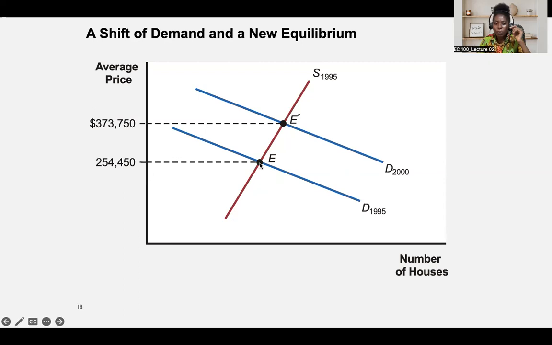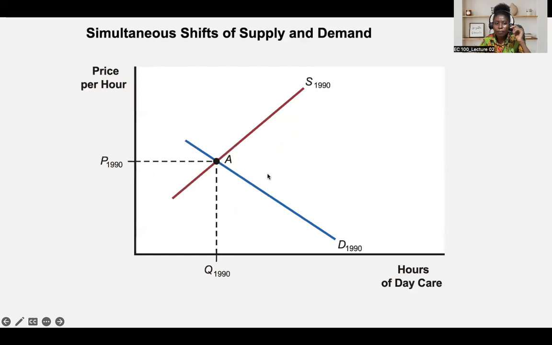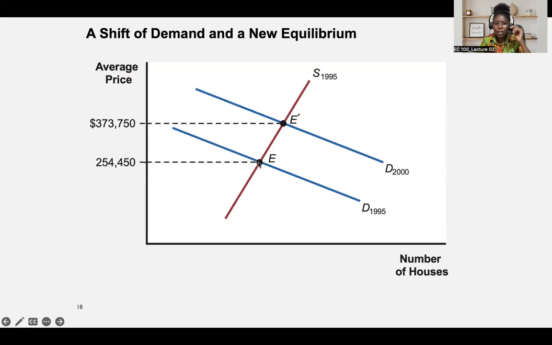So this was our equilibrium point. Let's say this is the number of houses. At this price, maybe let's say 100 units. I wish I was able to scribble down here.